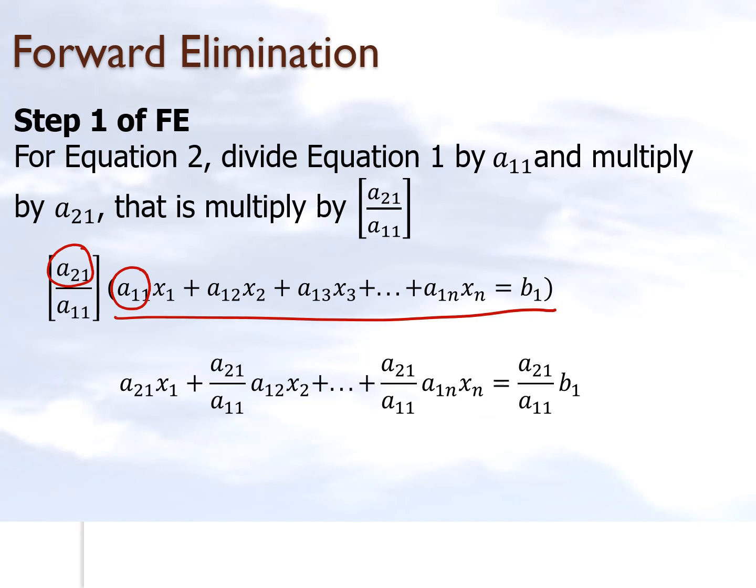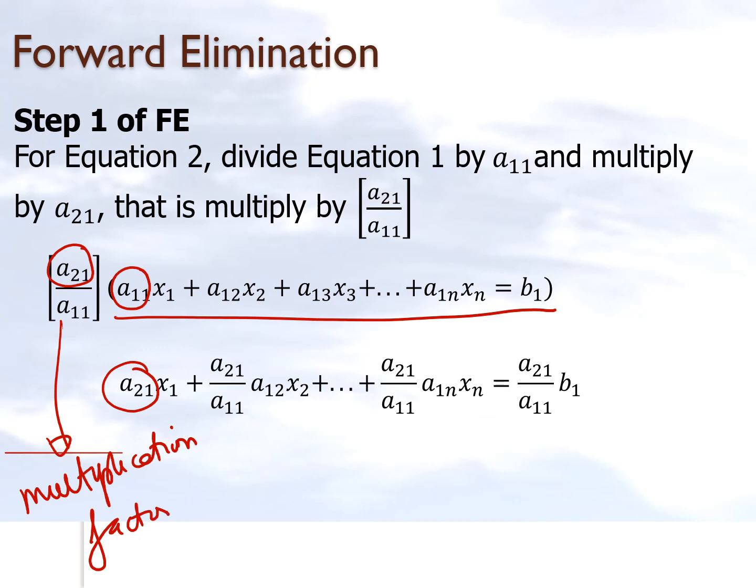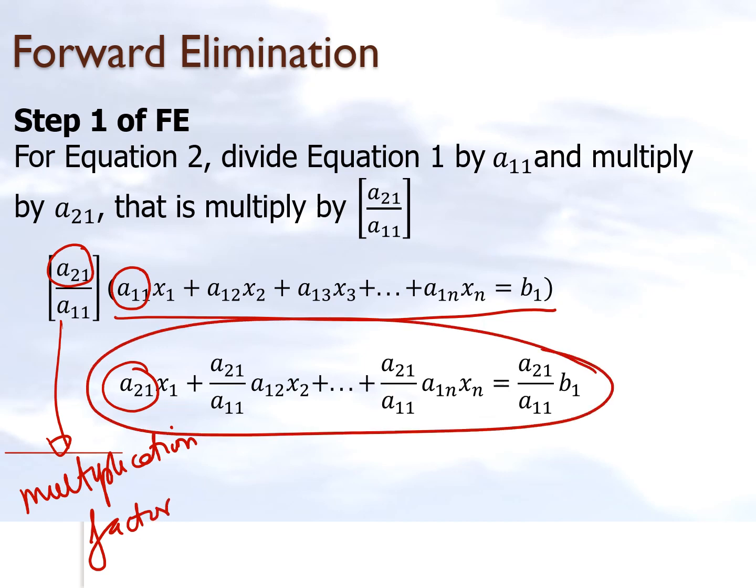By doing that, we get the coefficient a21 here for the first equation when you multiply it by what is called the multiplication factor. If I take this first equation, which has been multiplied by this multiplication factor, and subtract it from the second equation, I'll get a zero for the coefficient of x1.